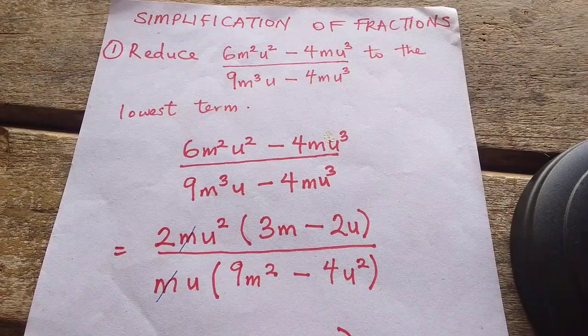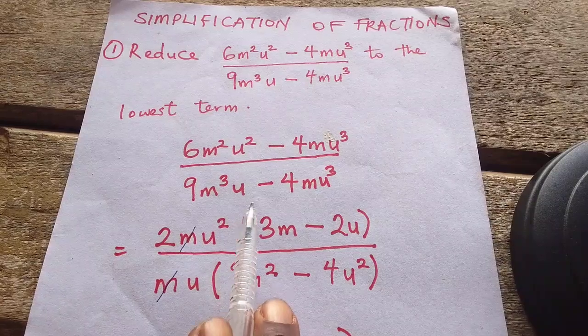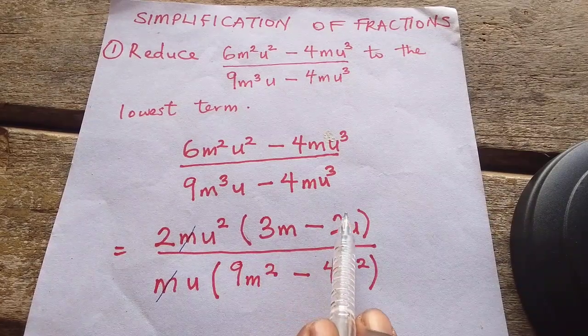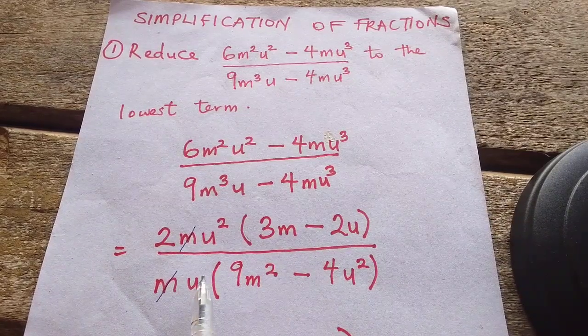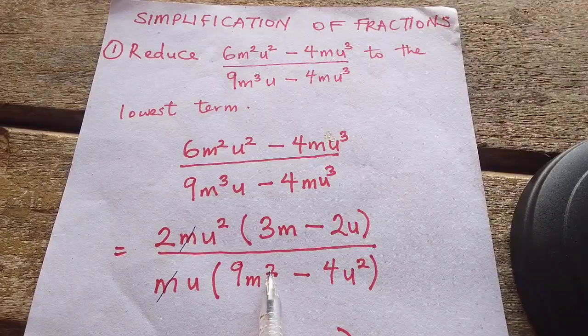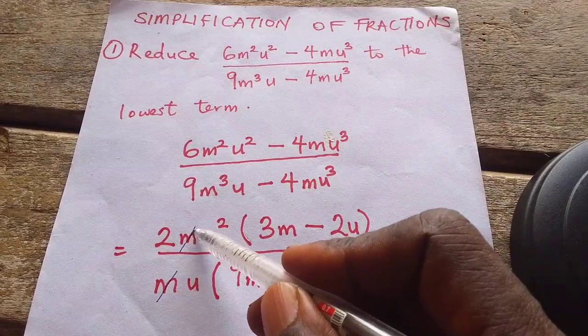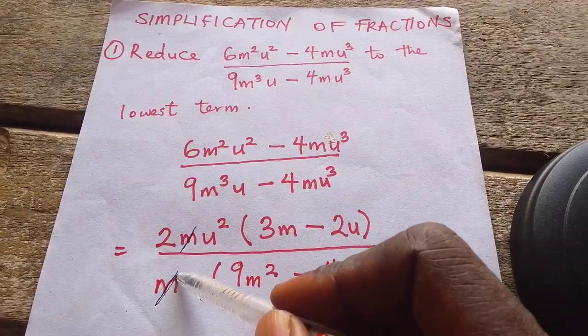So you now have 2mu² times the bracket 3m − 2u, over mu times the bracket 9m² − 4u². Here you realize that this m cancels this m.